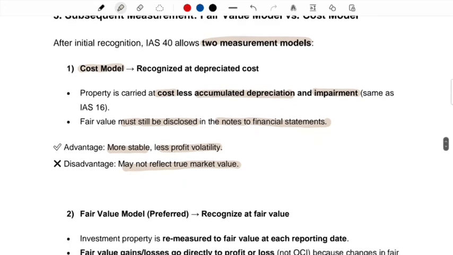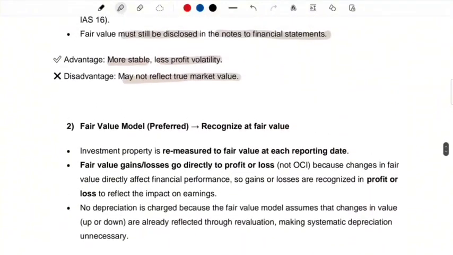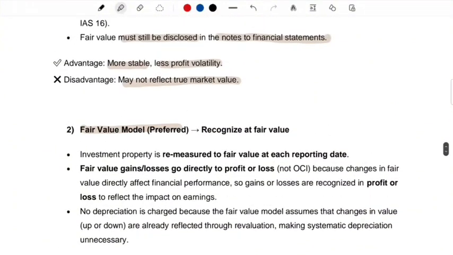Okay. Then you can also carry the property at the fair value model, which is more preferred. This is recognized at fair value. In this treatment, the investment property has to be remeasured to fair value at each reporting date. You have to update to reflect the current market situation of that particular property.